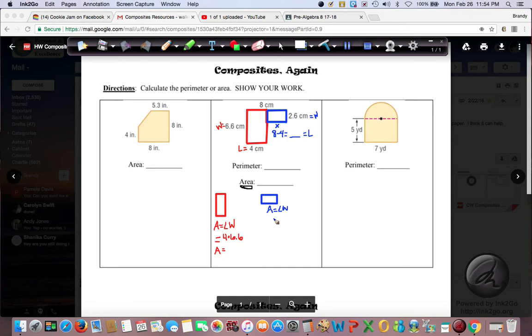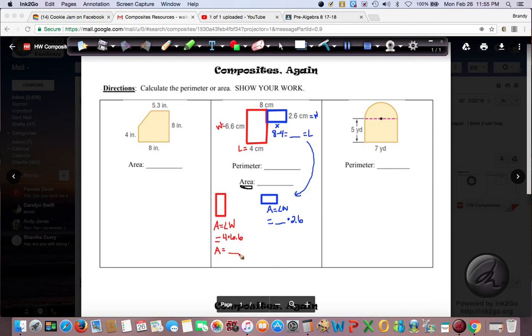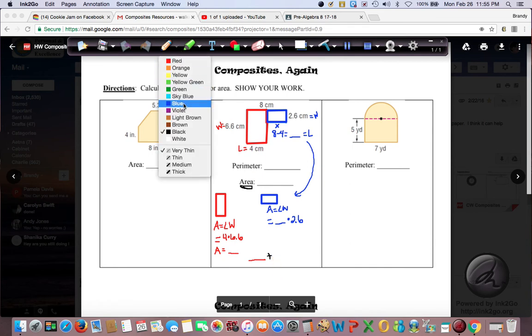So then down here, you're going to take this piece and you're going to say length, whatever that was, times your width, which is 2.6. So let's put our line here. To figure out the area of the entire little upside down L shape, we're going to take the area of our red rectangle and we are going to add it to the area of our smaller blue rectangle.